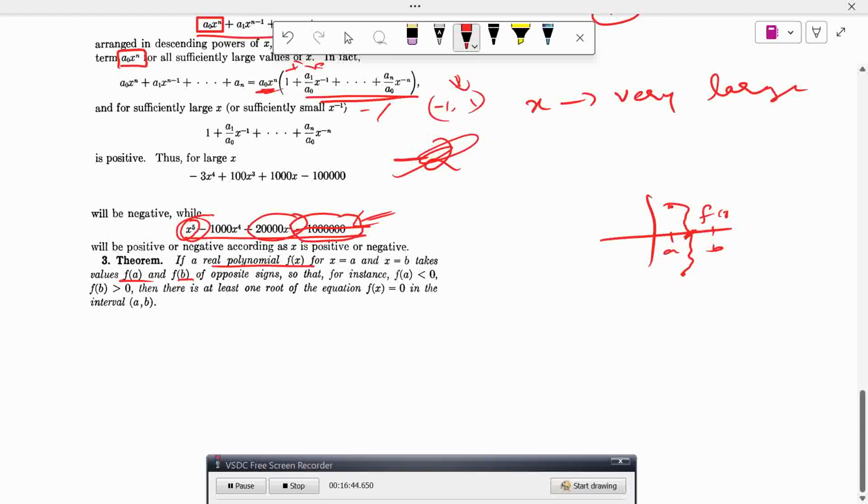There is a root between a and b. That is the theorem. You don't have to study the theorem, it is not in the syllabus, but just understand that if f of a and f of b have different signs, then there is a root between them. Okay, thank you.